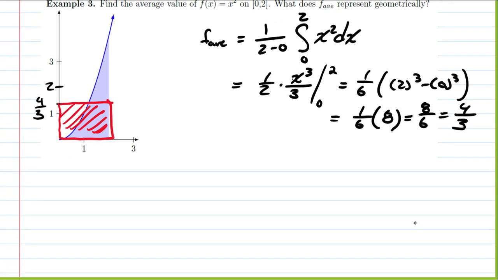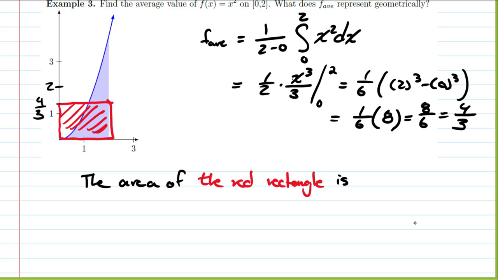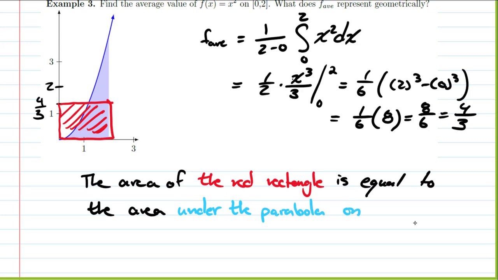So in this, the area of the rectangle is equal to the area under the parabola on the interval 0, 2.